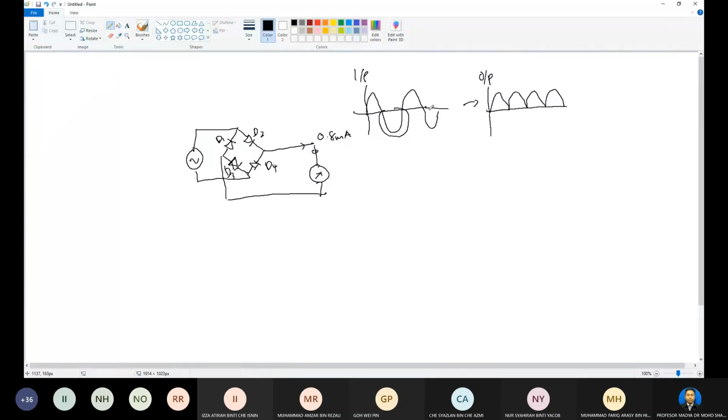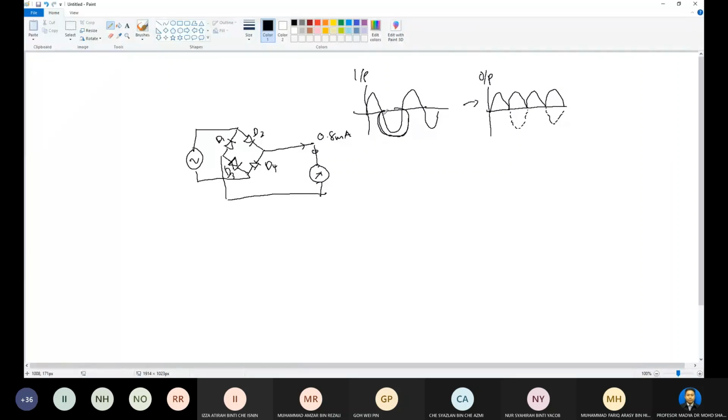From this AC input waveform, we go through the full wave rectifier, and it will be like this. That means the negative cycle will be inverted to the positive cycle. That is the function of the full wave rectification.